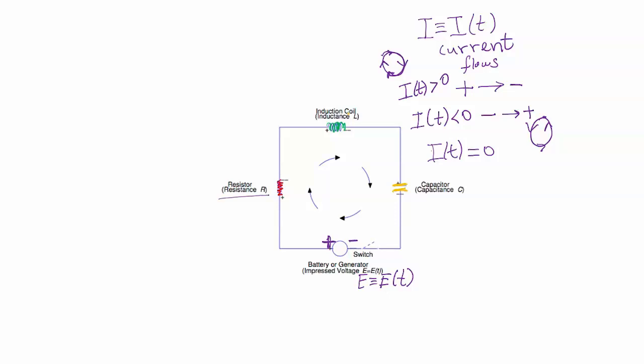The voltage drop across the resistor, the induction coil, and the capacitor is defined to be the potential on the positive side of the component minus the potential on the negative side. So it's the difference between the potential at the positive end minus the potential at the negative side of the resistor, the induction coil, and the capacitor.